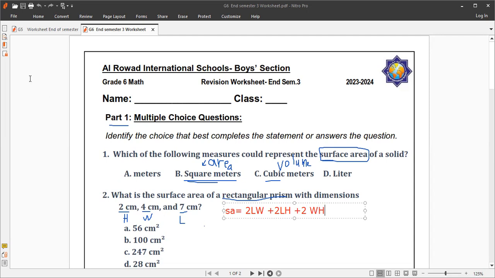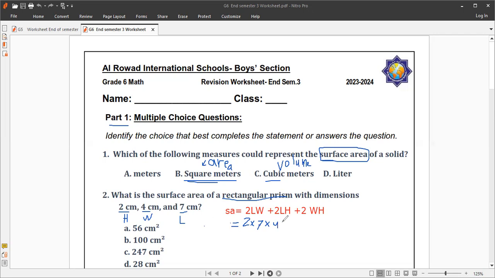So now let's replace the numbers given in the formula. SA equals 2 multiplied by length. What's the length? It is 7, for example. We can consider any one of them as the length, any one as the width, and any one as the height. 2 times 7 times the width, which is 4.